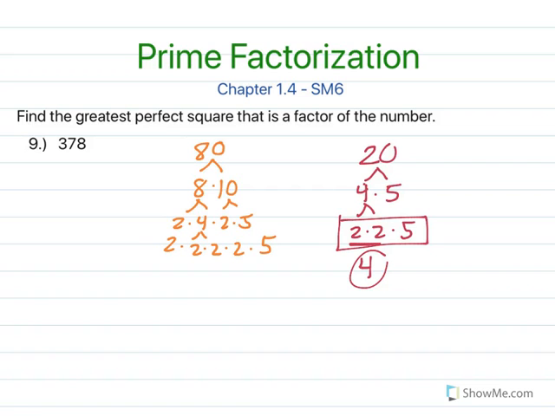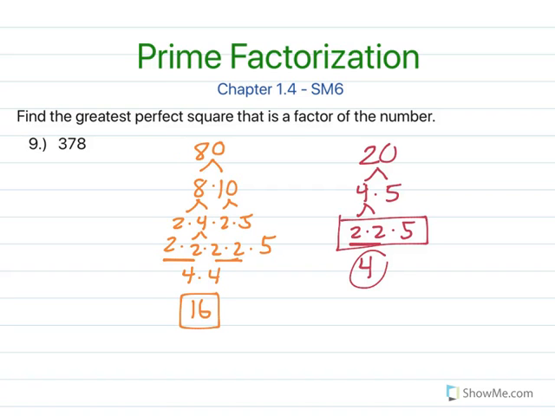Now, I have 2 times 2 here, 2 times 2 here, which is really 4 times 4, which is 16. So 16 would be the greatest perfect square that is a factor, because 16 times 5 is 80. Hopefully this is making some sense.